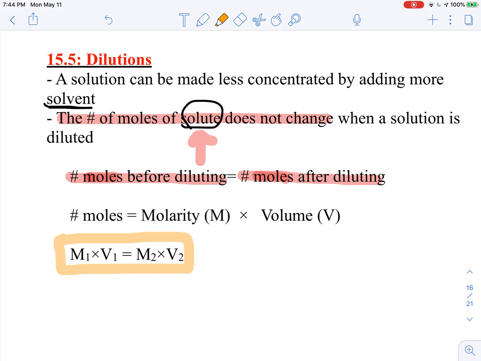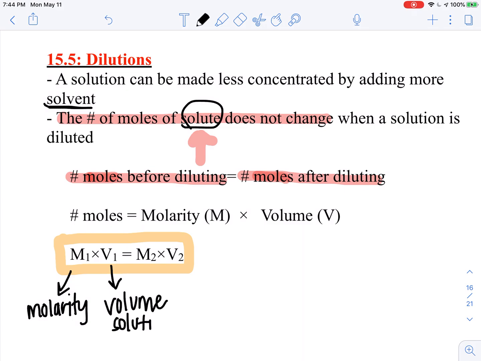M1 times V1 equals M2 times V2. The capital M, remember again, stands for molarity. And the capital V, in this case, stands for volume. And that's volume of the whole solution, so solute plus solvent. So what happens when I take molarity times volume is you get the number of moles.